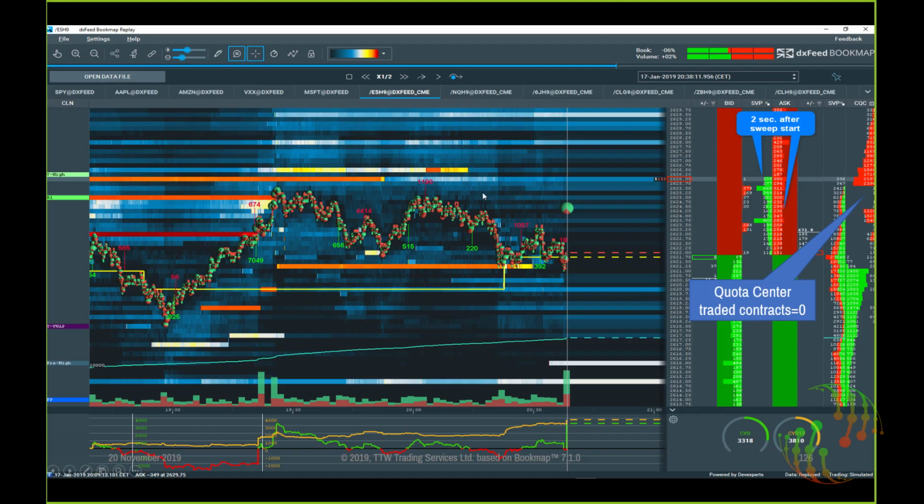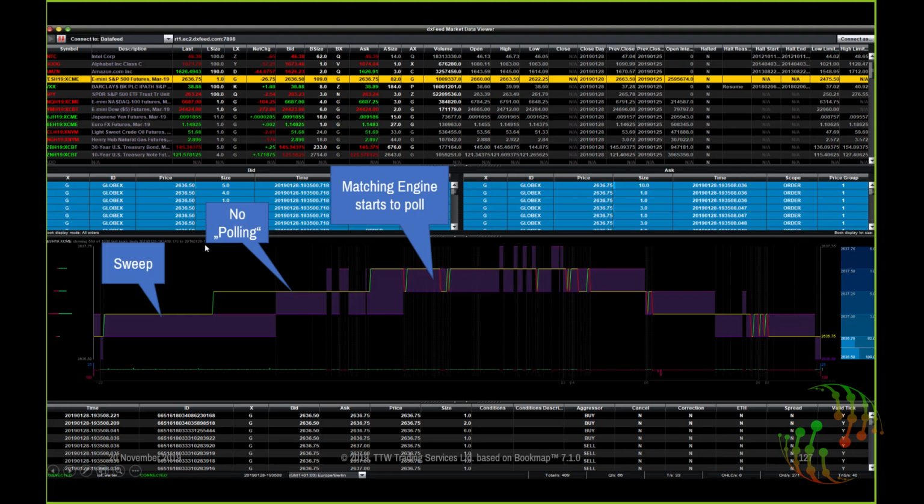But you see that some sweeps are so brutal that they leave simply price levels unmatched, untraded. I showed this page yesterday. Look here, this is a DX feed market data viewer.